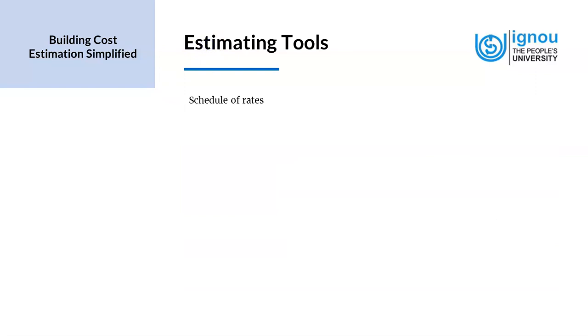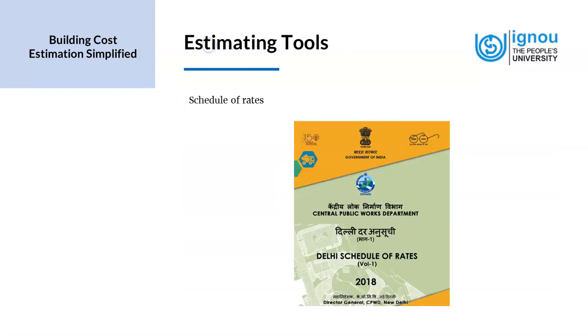Now we have another important tool, which is the schedule of rates. It is usually prepared by the Central Public Works Department, a government agency. The schedule of rates is a document which is published by the Public Works Department from time to time. Each state has its own schedule of rates. It is a comprehensive and useful technical document in the execution of civil construction works.